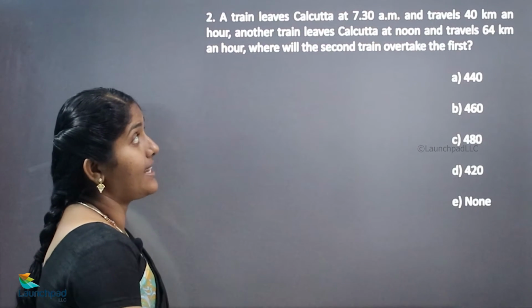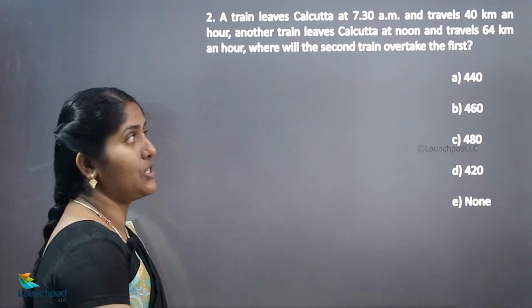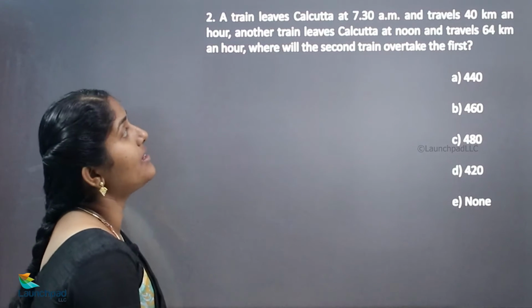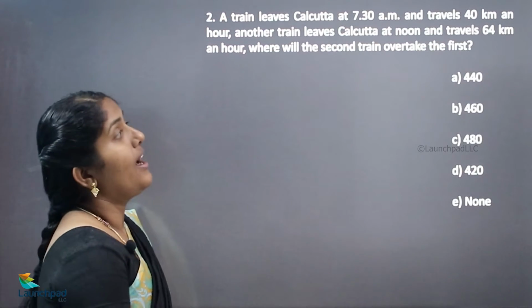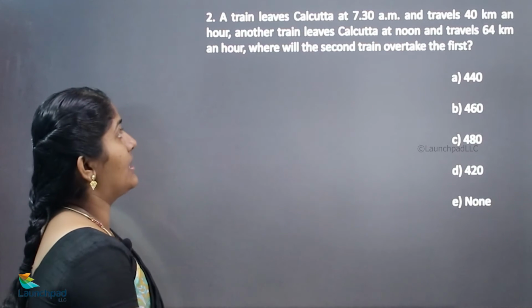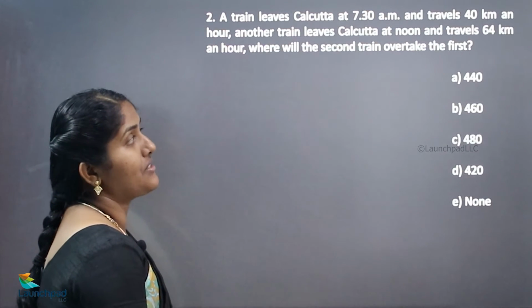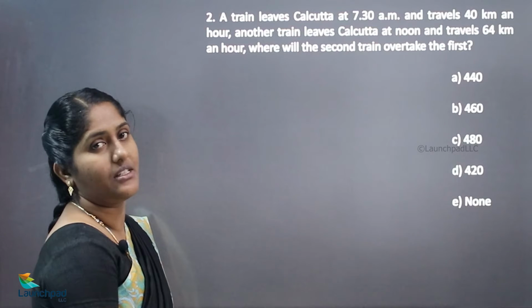A train leaves Calcutta at 7:30 am and travels 40 km an hour. Another train leaves Calcutta at noon and travels 64 km an hour. Where will the second train overtake the first train?